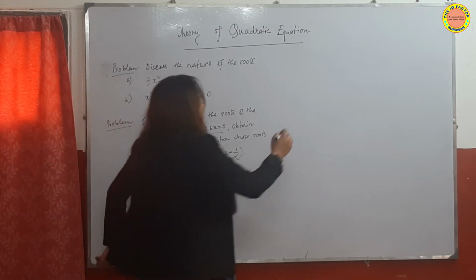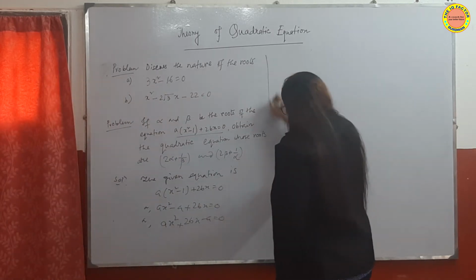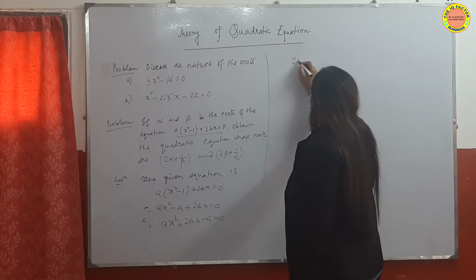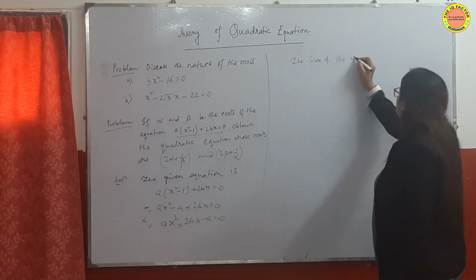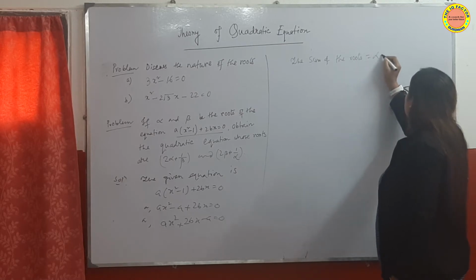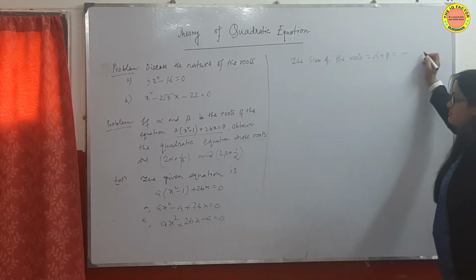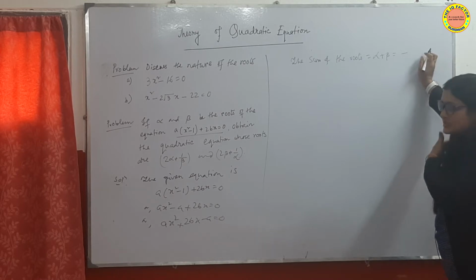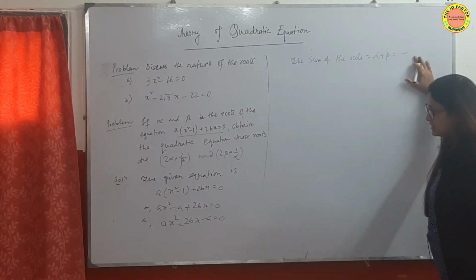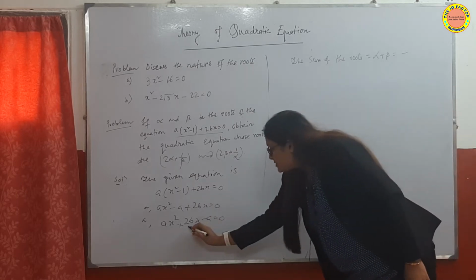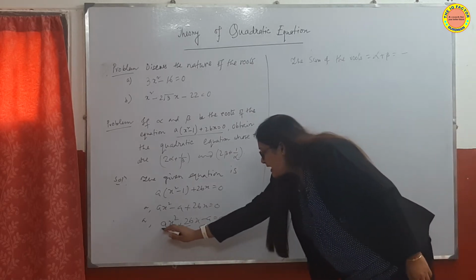So we know the sum of the roots, that is alpha plus beta, which is minus coefficient of x by coefficient of x square. Here what is the coefficient of x? That is 2b, and x square is a.